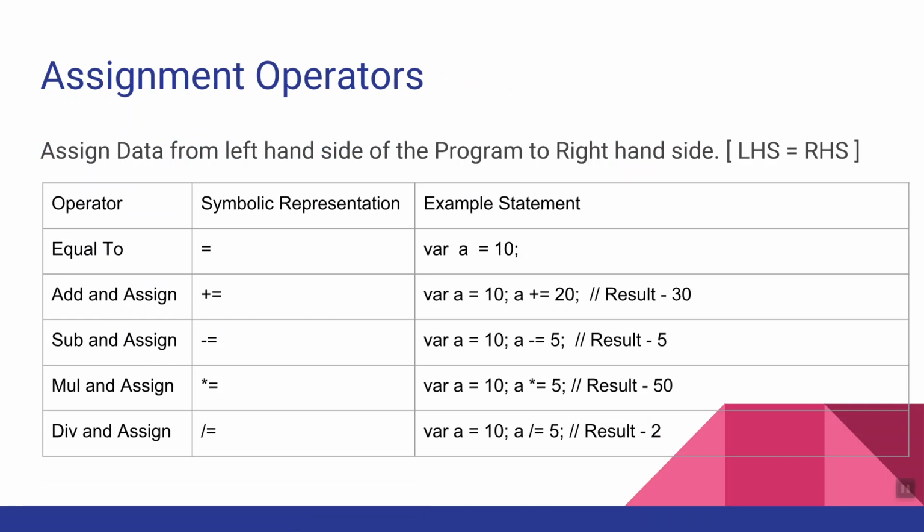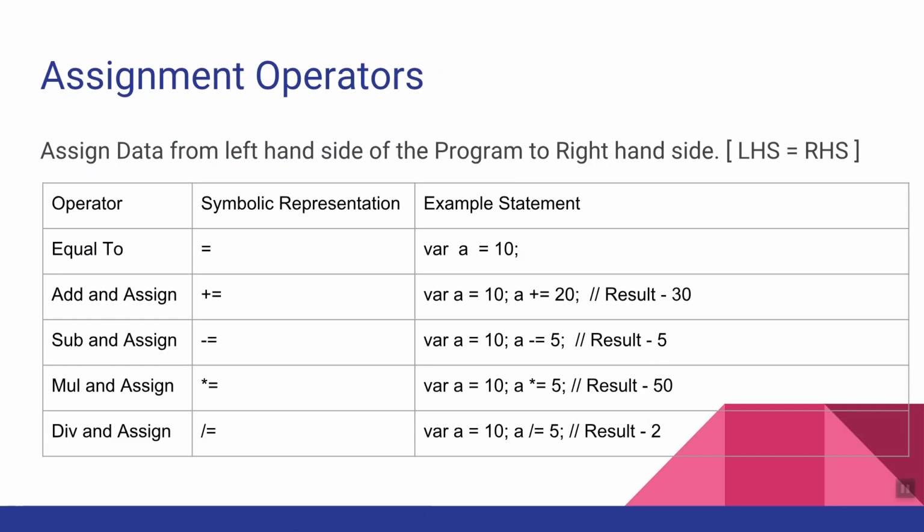For example, for add and assign, if the variable value is 10, and if I'm going to say a plus equal to 20, this is nothing but a shorthand statement of a is equal to a plus 20. So if I simply say a plus equal to 20, it tells the compiler that it has to assign the value 20 to the variable a.